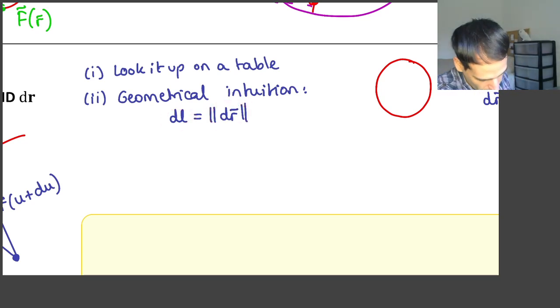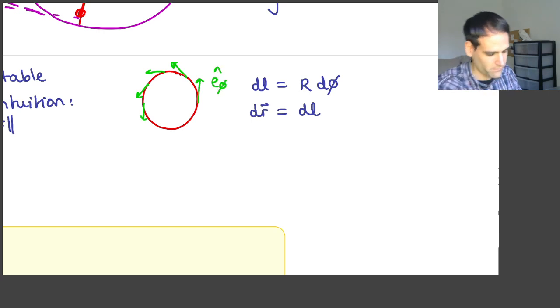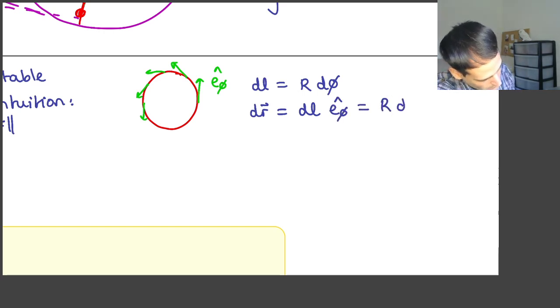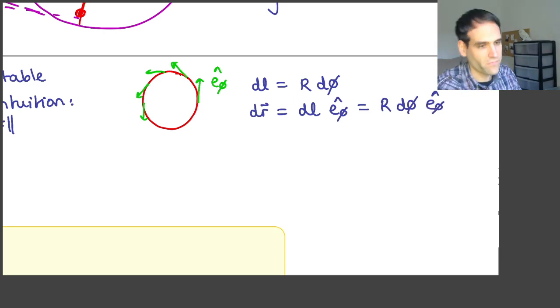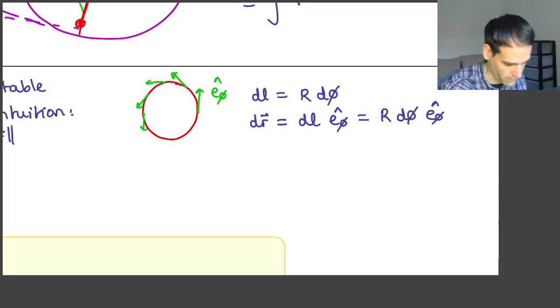Therefore, dr is simply dl in the direction tangent to the curve. And what is the unit vector tangent to the circle? That's given by e phi hat. So this will be equal to r d phi e phi hat, which coincides exactly with what we saw in the table.